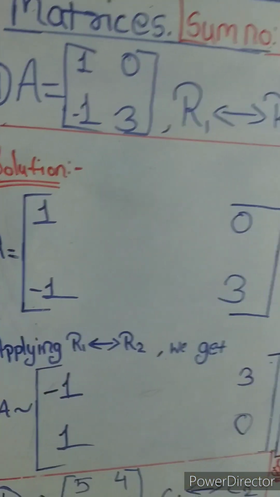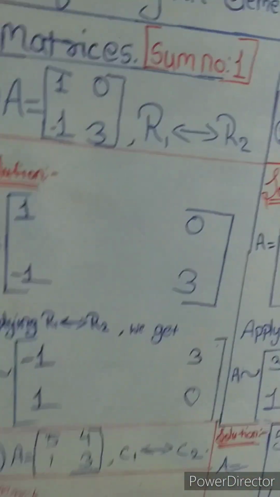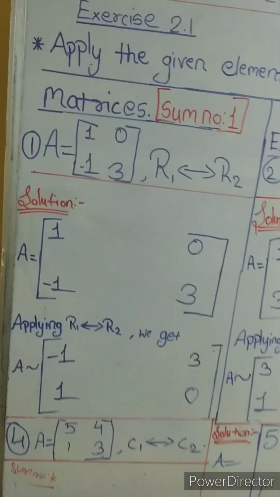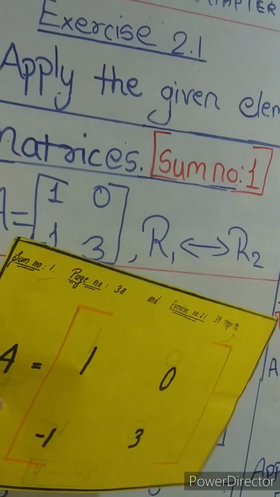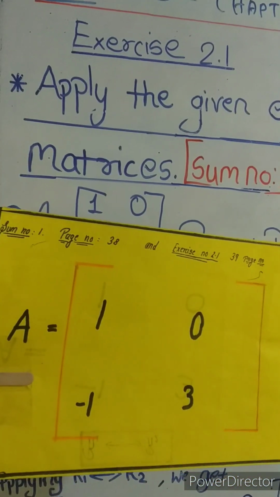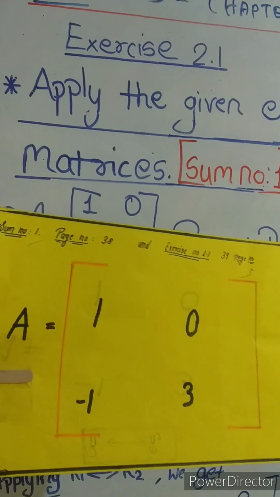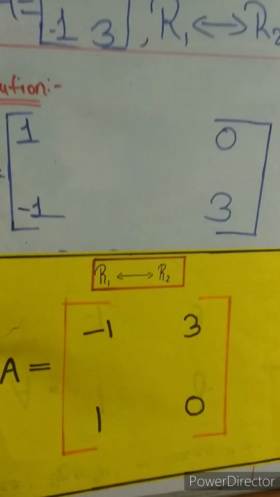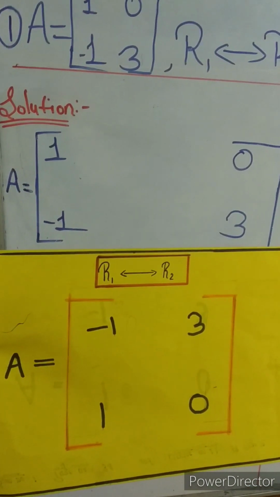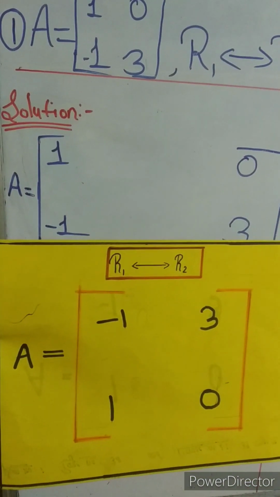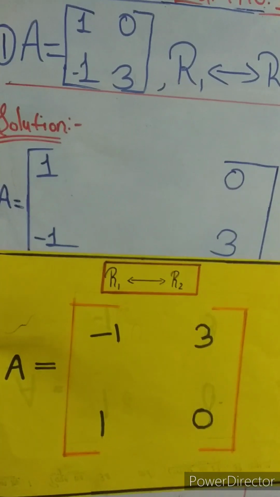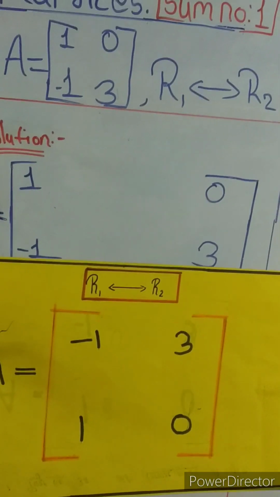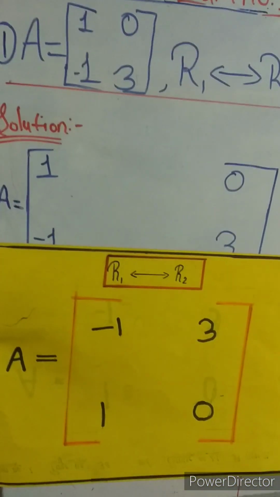We have the answer: here is the question and here is the answer. We have to rotate, and finally we get the elementary transformation. That is the answer, [-1, 3; 1, 0], for sum number 1.